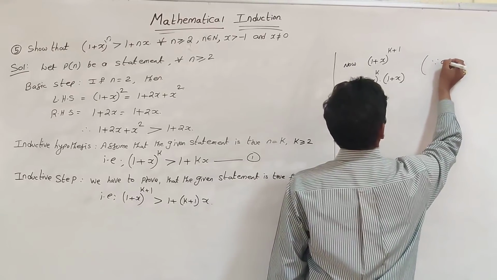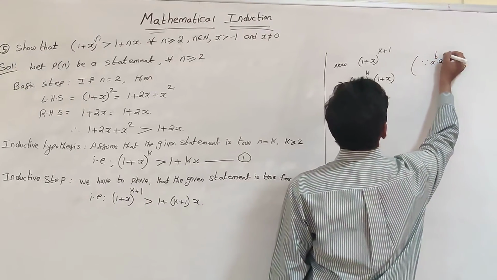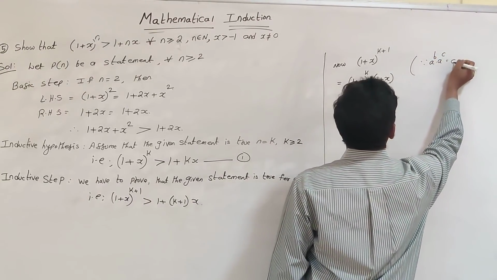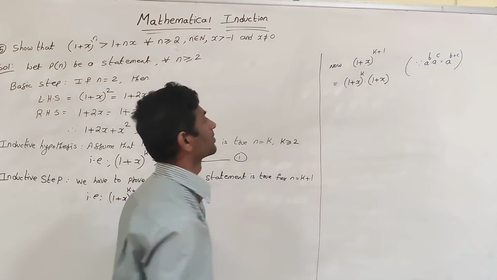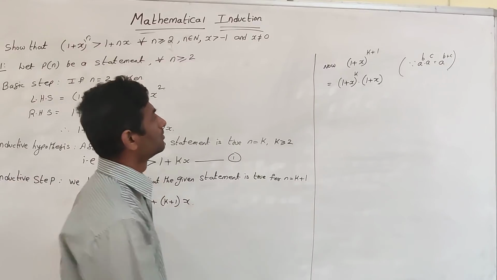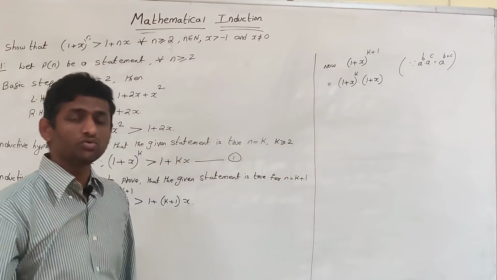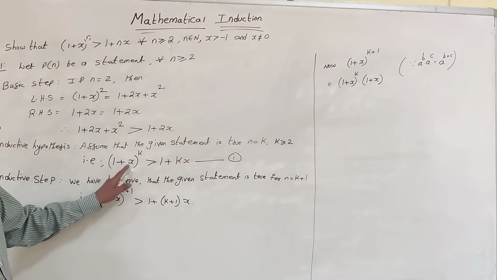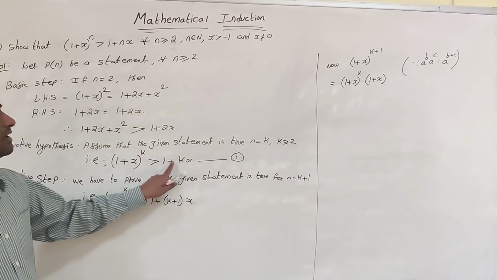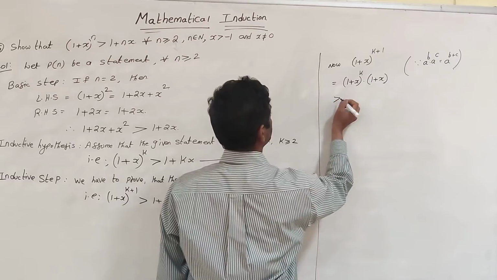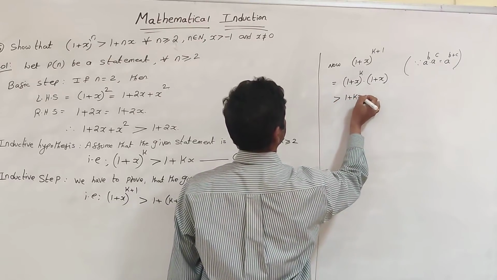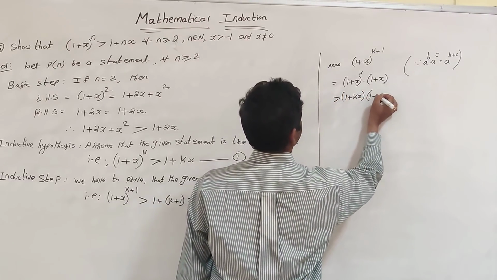That is, the bases are the same, so we can add up the powers. Now, by using the inductive hypothesis, (1 plus x) to the power of k is greater than 1 plus kx. So the product of these two terms will be (1 plus kx) into (1 plus x).